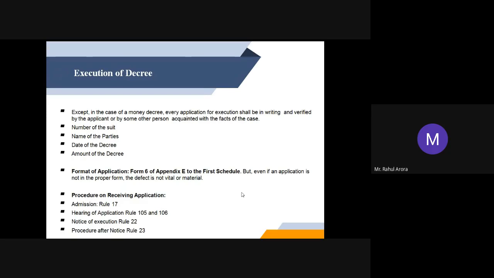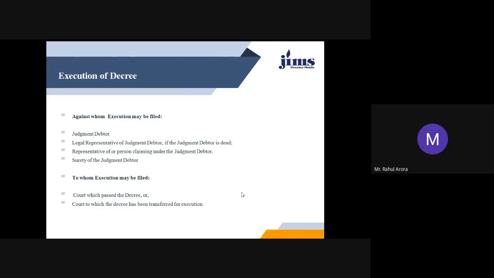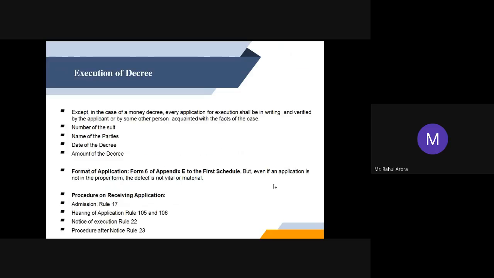Now, what does the execution application contain? Except in the case of a money decree, every application for execution shall be in writing. So from this we may infer that an oral application can't be entertained, or if entertained, then it has very limited use. It must be verified by the applicant or by some other person acquainted with the facts of the case.